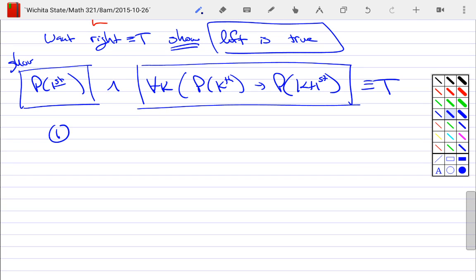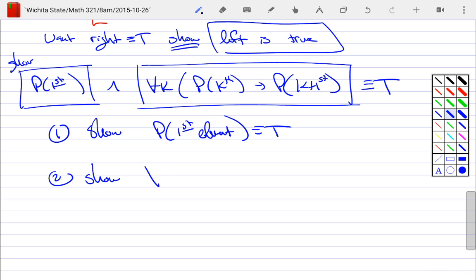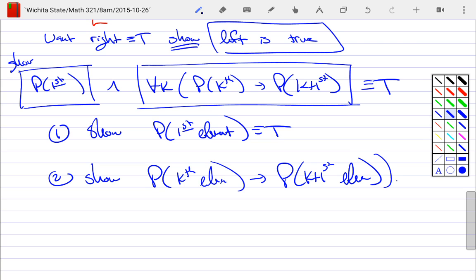One, show P of the first element is true, and two, show for all k, well, we understand that for all elements it's enough. Rather, usually just show P of the kth element implies P of the k plus first element is true.